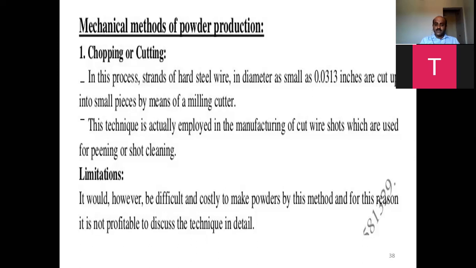One of the major limitations is that it would be difficult and costly to make powders by this method, and for this reason, it is not profitable to discuss the technique. So we are not discussing this technique in detail because chopping and cutting is relatively expensive and difficult too.